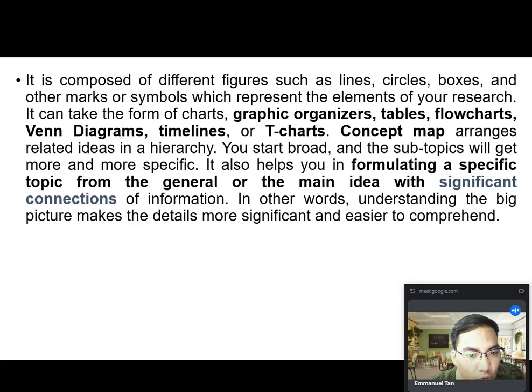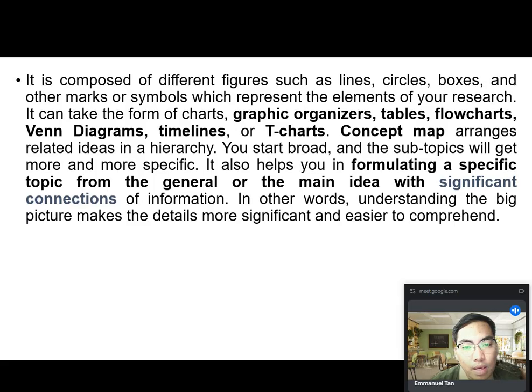Okay? So, as a beginner, you can start with a broad topic, then formulate sub-topics that will get more and more specific, which also helps you in formulating a specific topic from the general or main idea with significant connections.